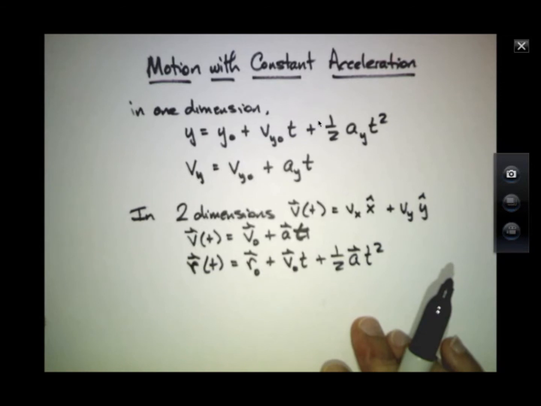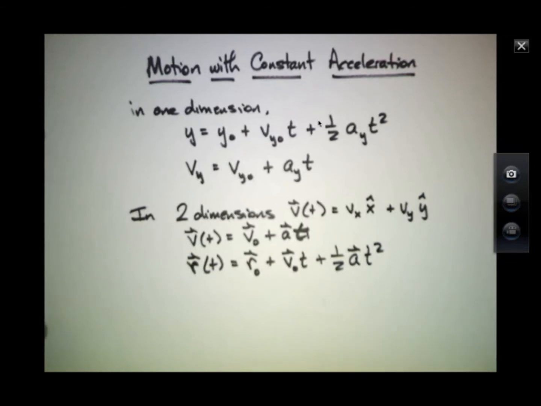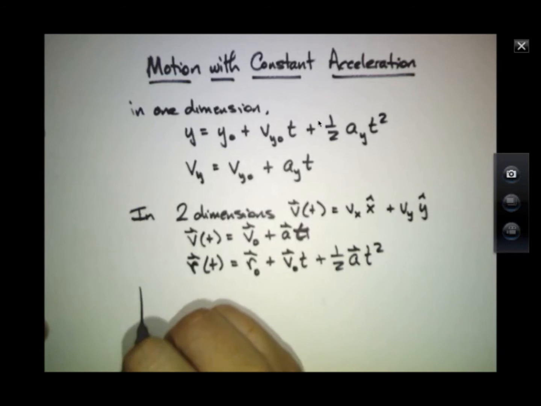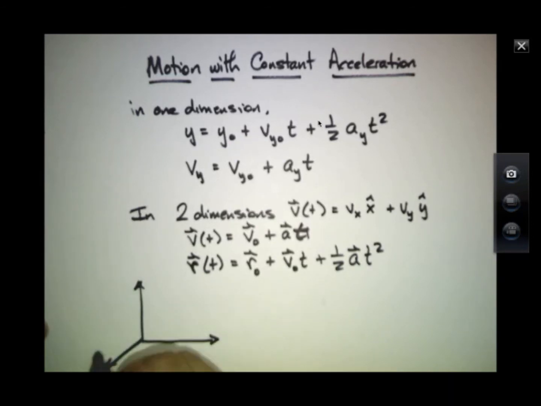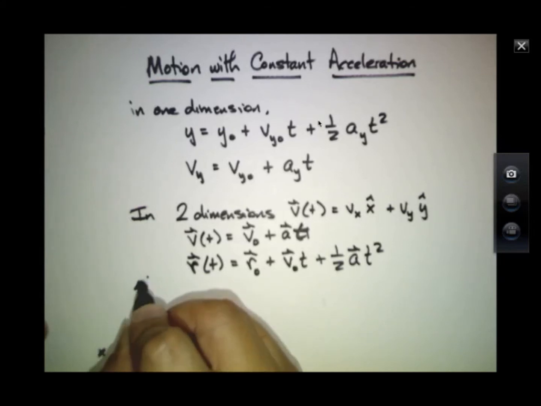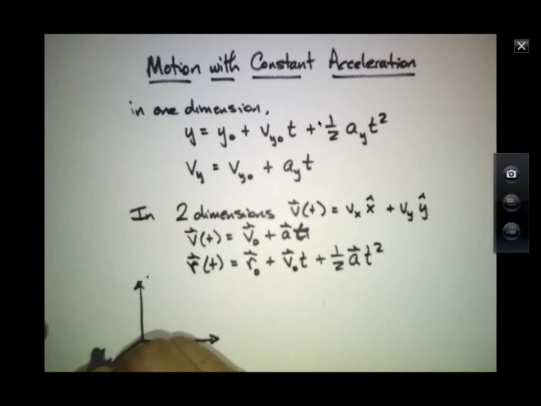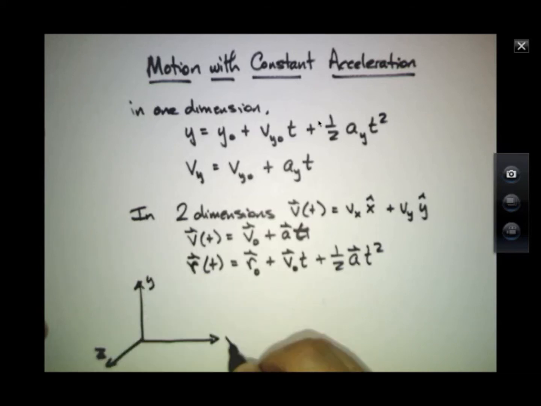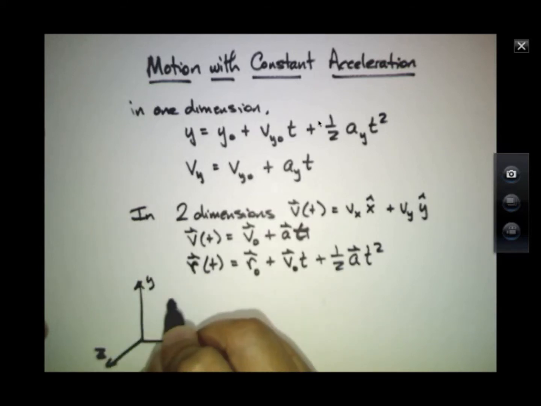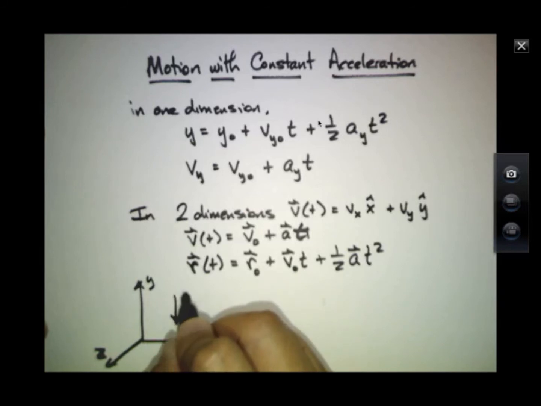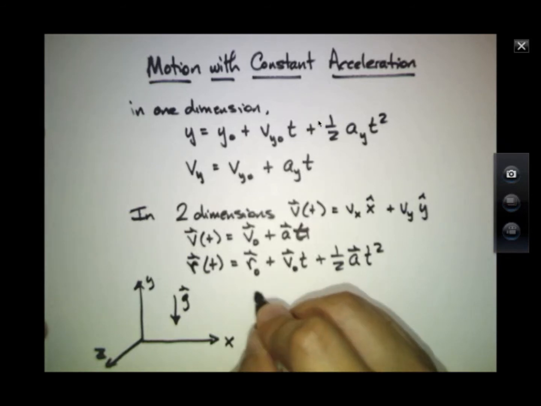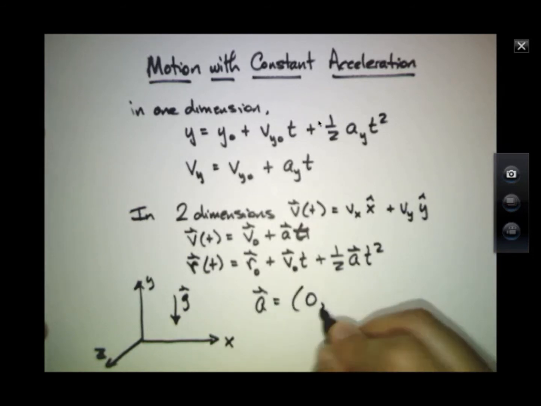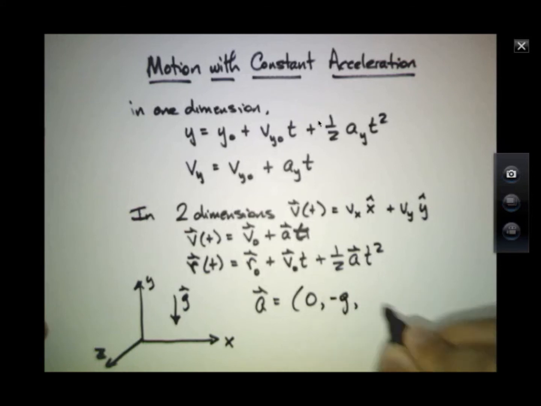We want to consider a case where the acceleration is a constant. In particular, we're going to be interested in the case of motion in 3 dimensions where we know that gravity points straight down, so that the acceleration vector is 0 in the x direction, minus g in the y direction, and 0 in the z direction.